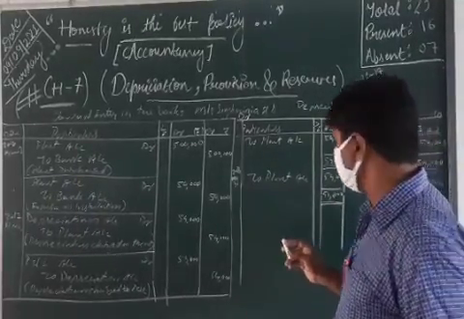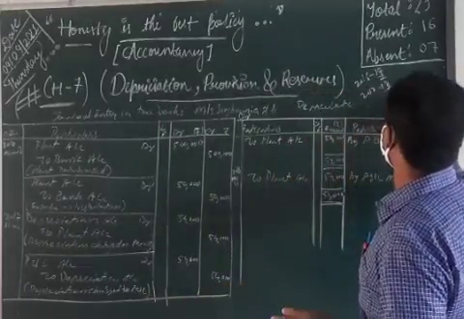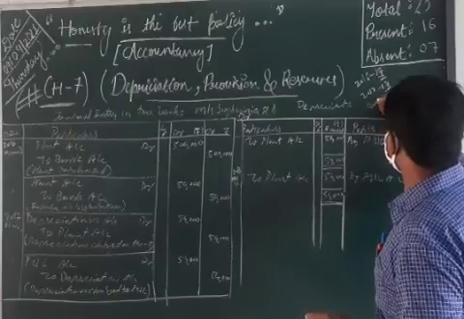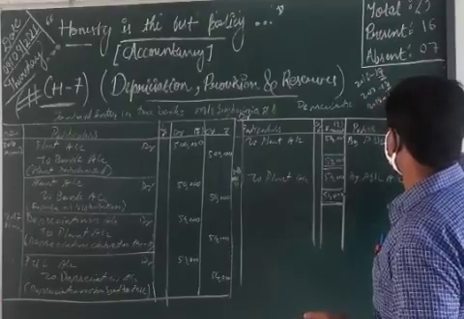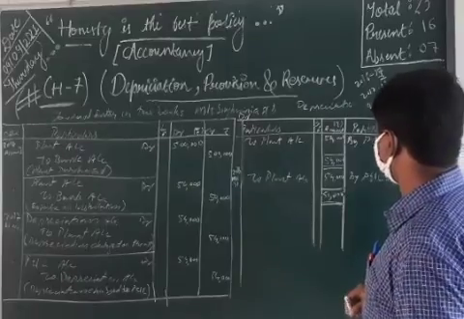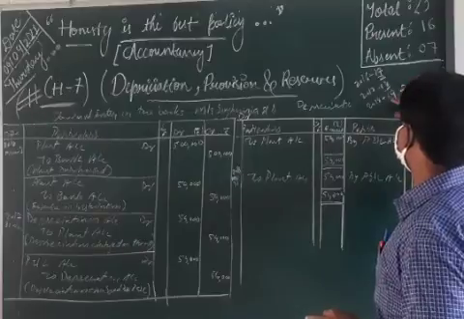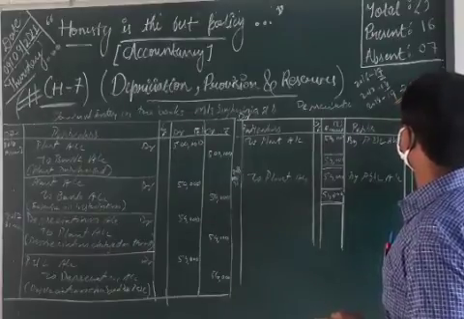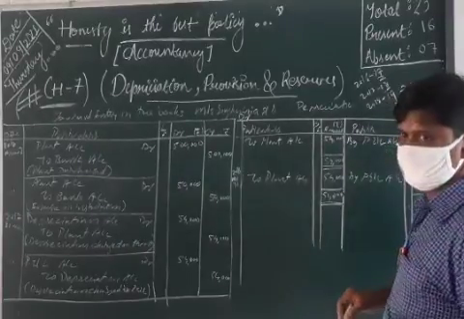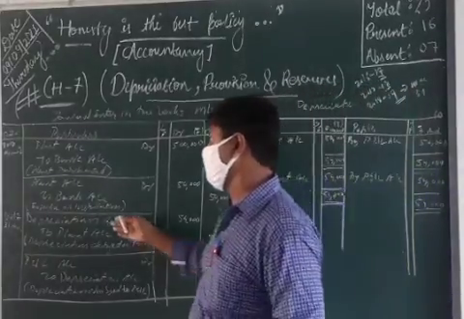Okay. Next year, 2018-19. Clear, no? 2018-19, there is also 2019 March 31st. Clear, no? On that day also, what will repeat?